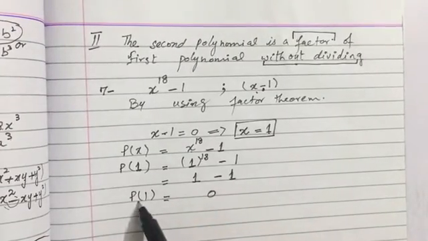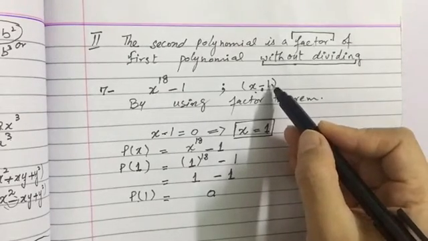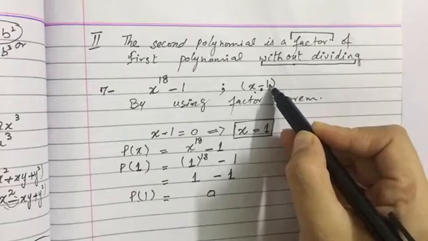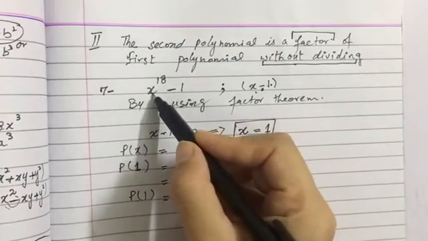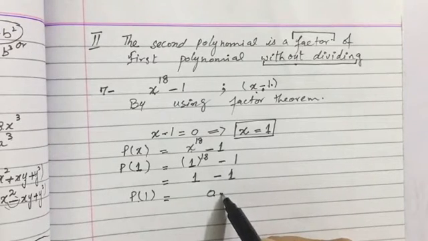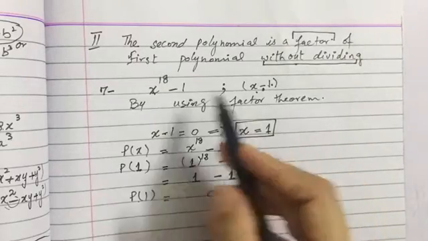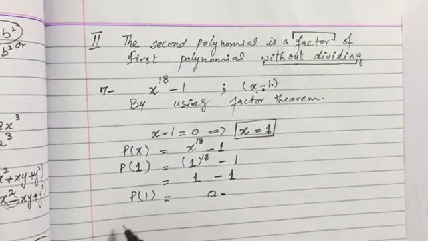It means p of 1 is equal to 0 when we derive the value of x from the second polynomial and put it in the first polynomial, and we get the answer 0. That is the remainder. When our remainder is 0, it means the second polynomial is a factor of the first polynomial.